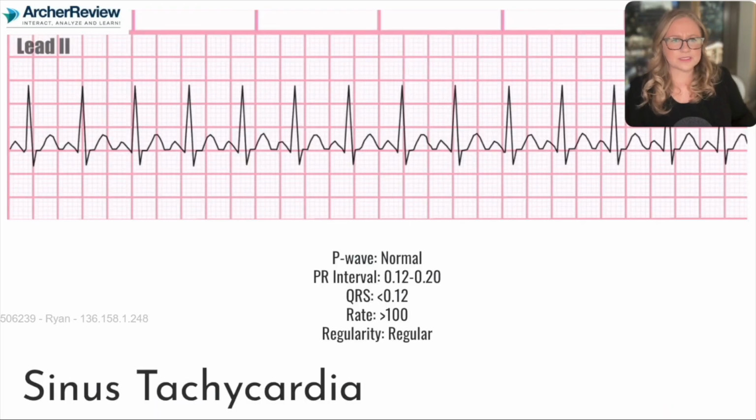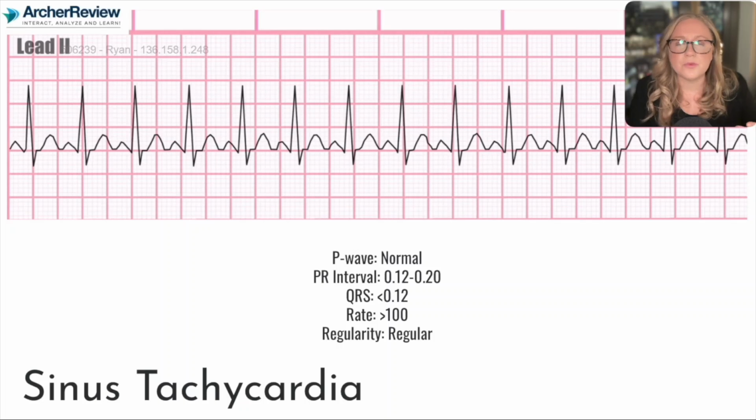Now, on the flip side, what if we have sinus tachycardia? Remember, in this dysrhythmia, the electricity is still moving through that electrical highway in the correct order. We have one P wave for every one QRS. The atria and the ventricles, they're still communicating with each other. They're still coordinated.